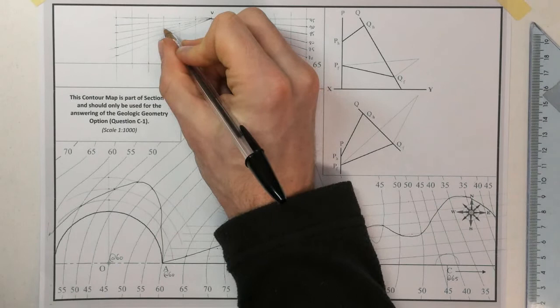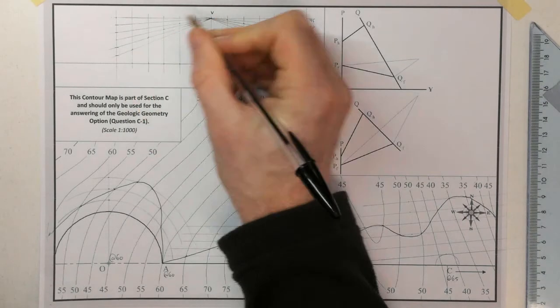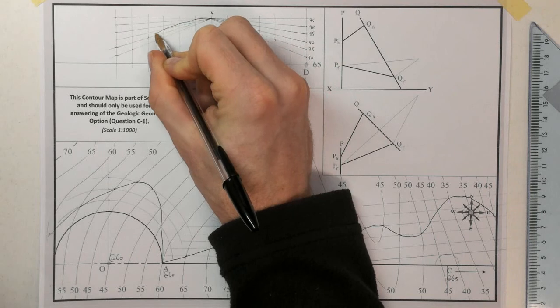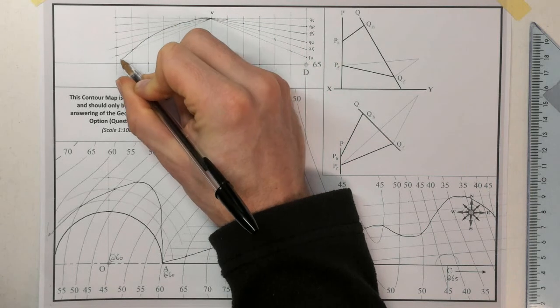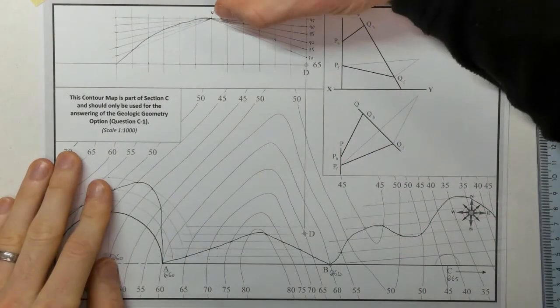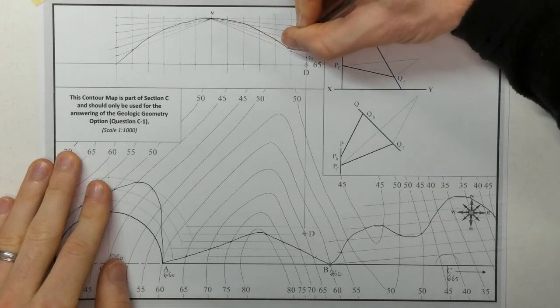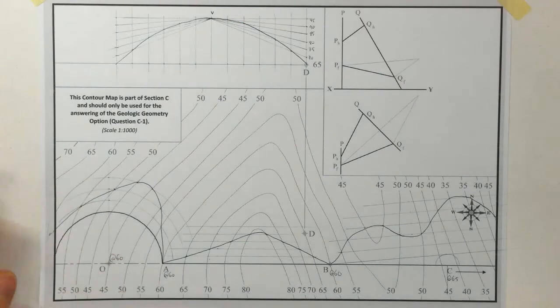Okay, so this is our parabolic curve, path of the ball.